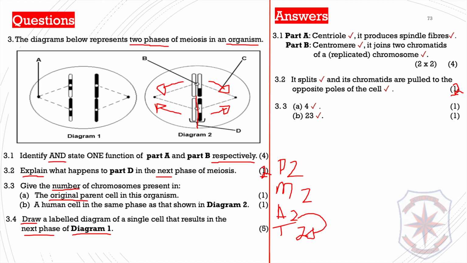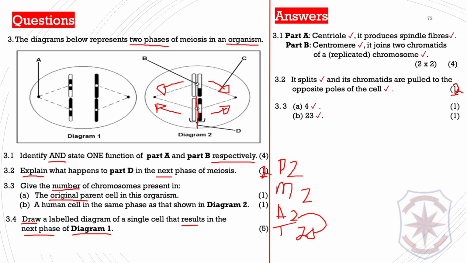So we are supposed to draw a labeled diagram of a single cell, just one cell, that results, meaning after the next phase, which is telophase 2 of diagram 1.